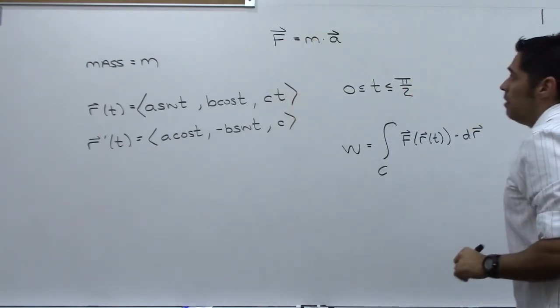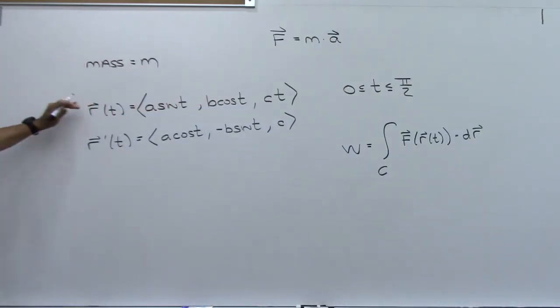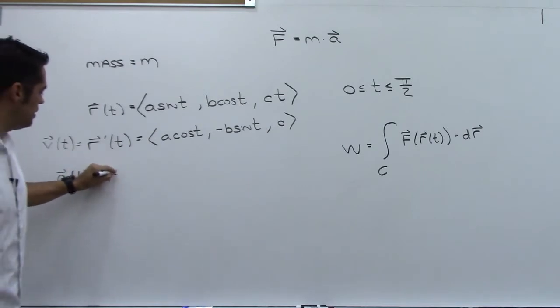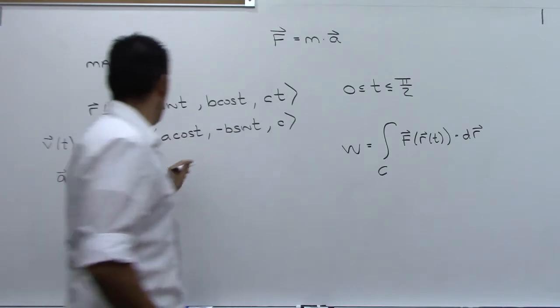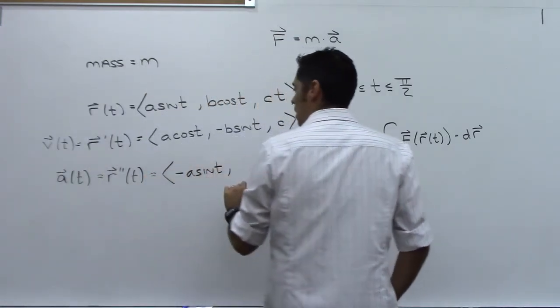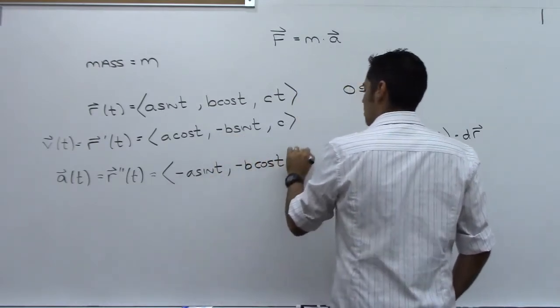And we know from our study of vector curves that the first derivative represented the velocity and the second derivative would be the acceleration function. So I need to take the derivative again. Taking the derivative with respect to t, we get negative a sine t, negative b cosine t, and then 0.